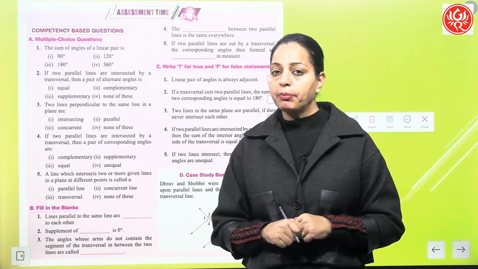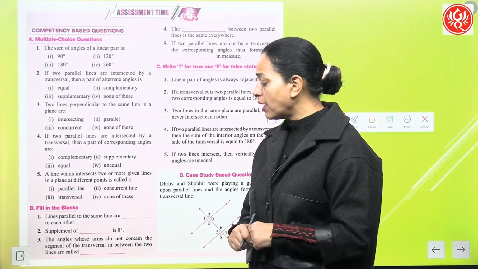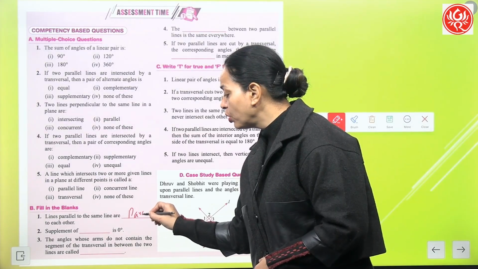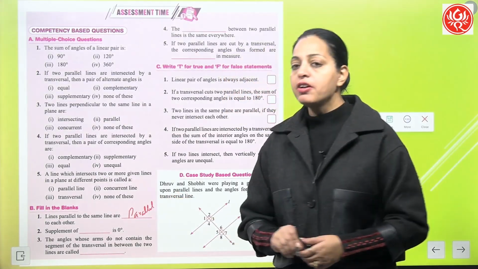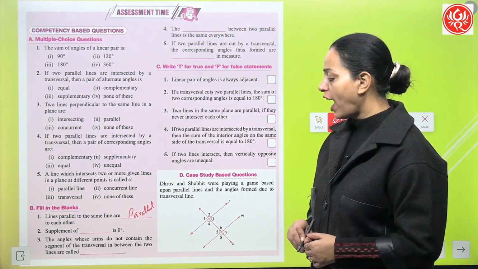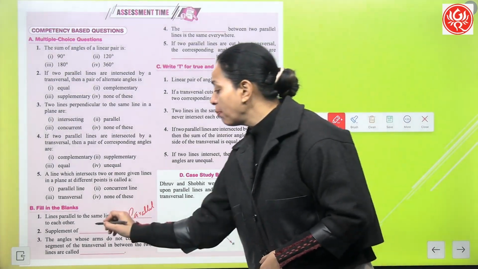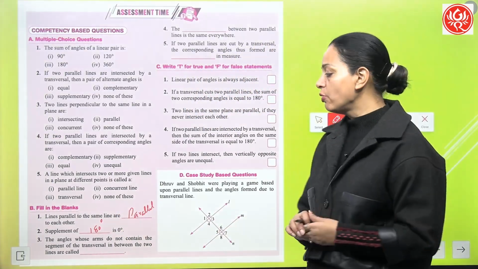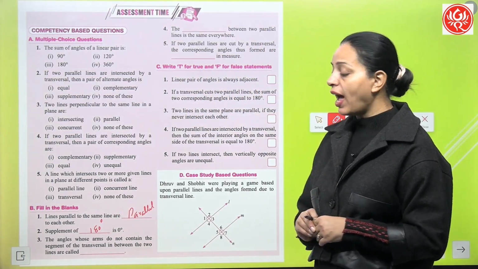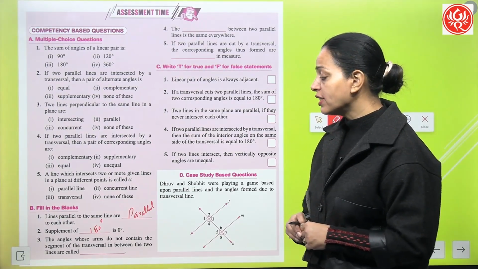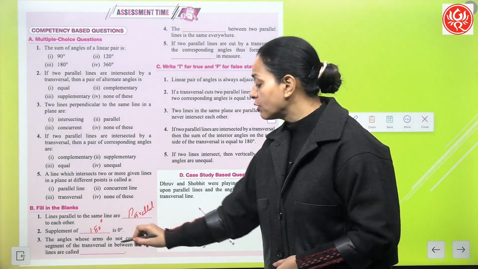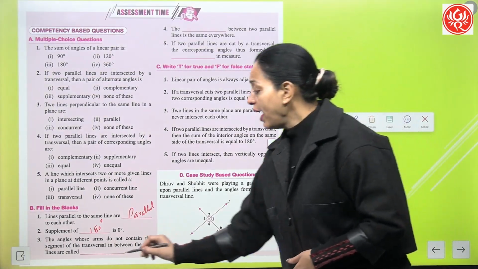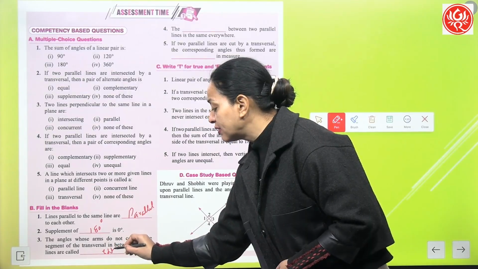Now B part, filling the blanks. The first one, lines parallel to the same line are parallel to each other. Okay. The second one, supplement of dash is 0 degrees. Supplement of 180 degrees is 0 degrees. The third one, the angles whose arms do not contain the segment of the transversal in between the two lines are called exterior angles, right?